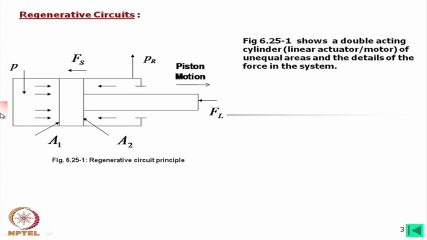Double acting means it is acting in both ways. It can do work while it is moving in the forward direction, and also while it is in the return motion. However, in most cases you will find the return load is usually less.